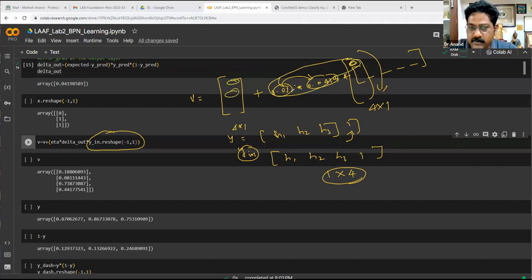Then the second element is going to add with the second product, these three products add with the second element. Third element, these three products. Fourth element. This is how the calculation goes on. So finally, this plus this, your V gets updated. Let us see the updated V.